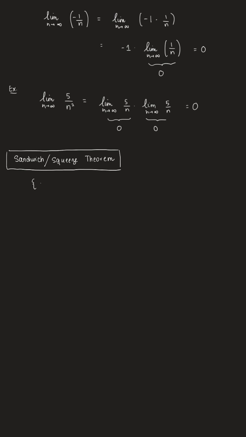Let's suppose that we have three distinct sequences, A sub n, B sub n, and C sub n, in general, and that we also know that after a certain value of n, whenever the position in the list is greater than some natural number, the terms in the A sub n sequence are always smaller than or equal to the terms in the B sub n sequence, which are always smaller than or equal to the terms in the C sub n sequence.